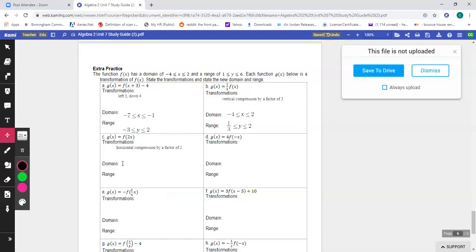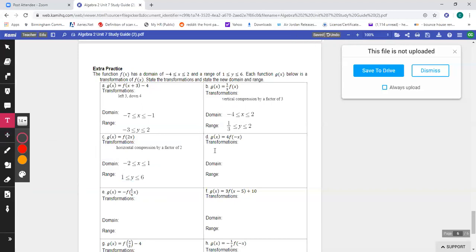So my domain here is going to be -2 less than or equal to x less than or equal to 1. And then here, your range doesn't change. It is going to be 1 less than or equal to y less than or equal to 6, just because horizontal compression does not affect your y values.